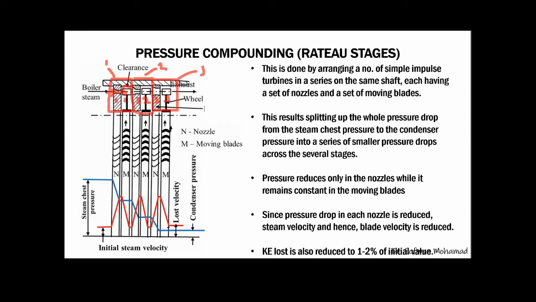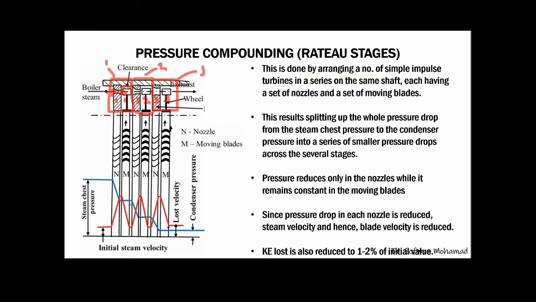Okay, so what happens in this kind of arrangement, you can see here the pressure and velocity of the steam. The pressure of the steam will reduce in the nozzle, while the velocity will increase. And inside the blade, the pressure remains constant while the velocity is reduced.